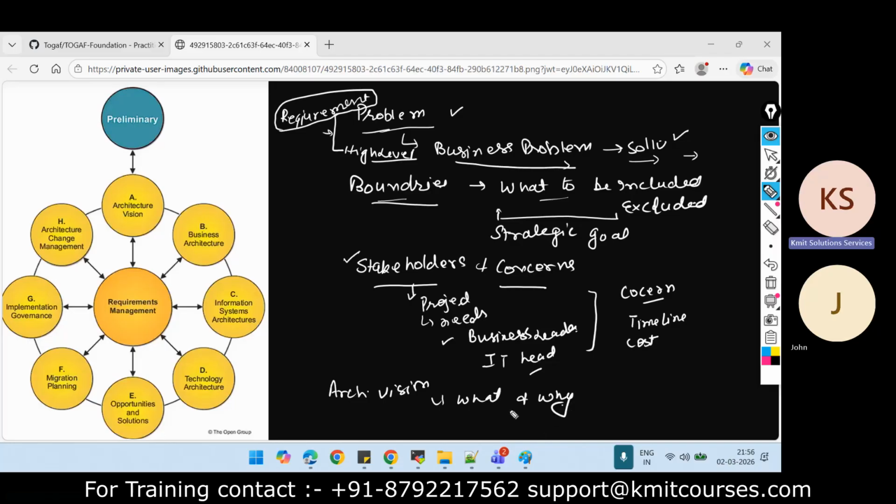For example, what architecture is trying to solve? Migrating on-premises environment servers to the cloud-based environment. Why is it important for the organization? Because it solves a lot of problems. So that is the architecture vision summary.